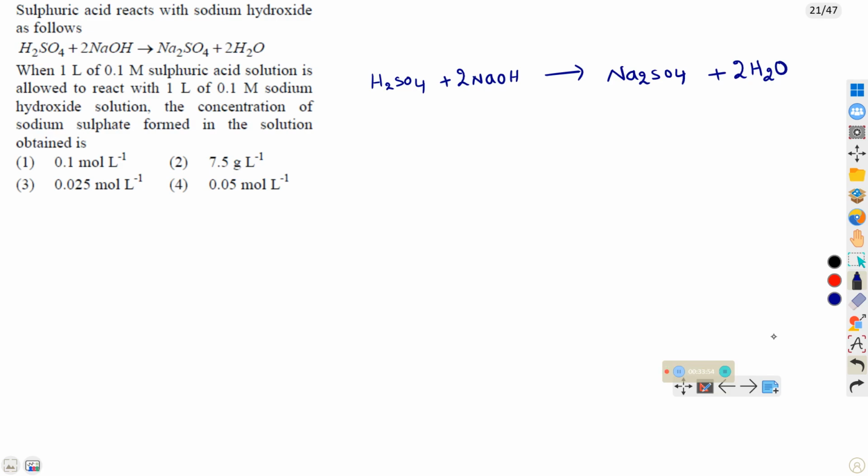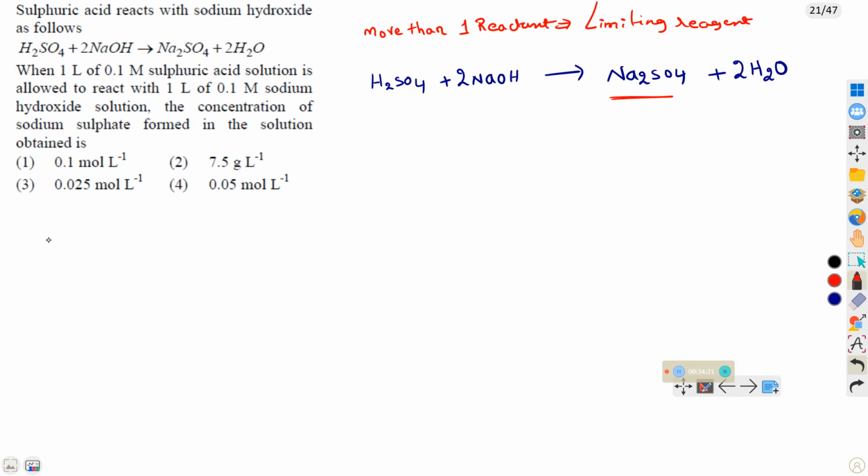Okay, so in this chemical reaction, more than one reactant is present. In a chemical reaction, if more than one reactant is present, then formation of product depends upon the limiting reagent.